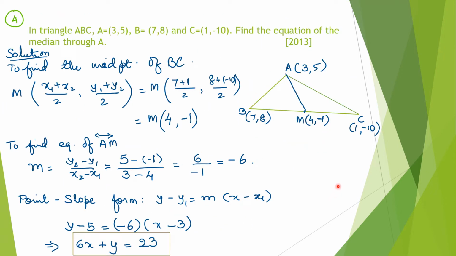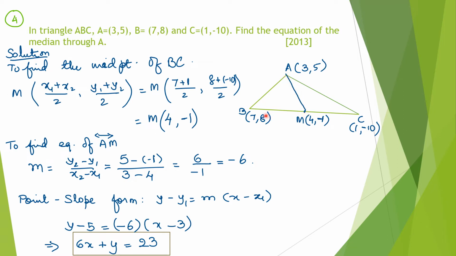This question: in triangle ABC with A is (3, 5), B is (7, 8) and C is (1, -10), find the equation of the median through A. Median meaning the line segment joining a particular vertex with the midpoint of the opposite side.